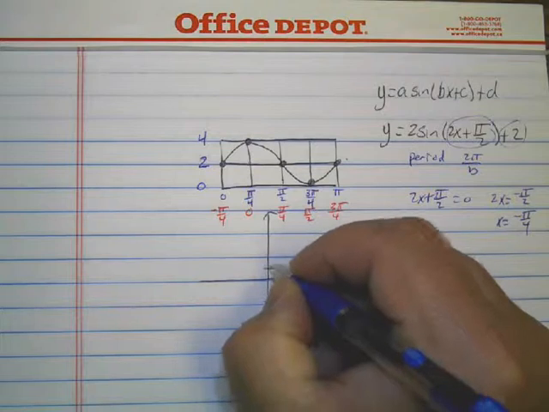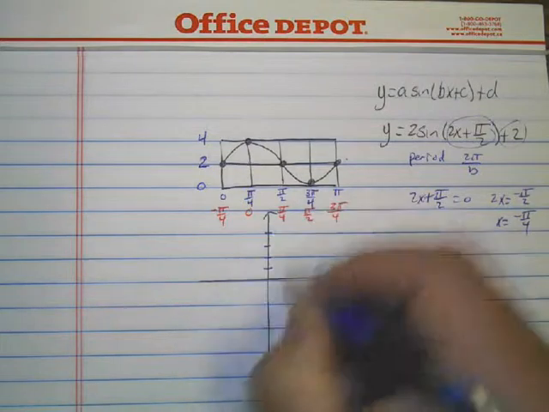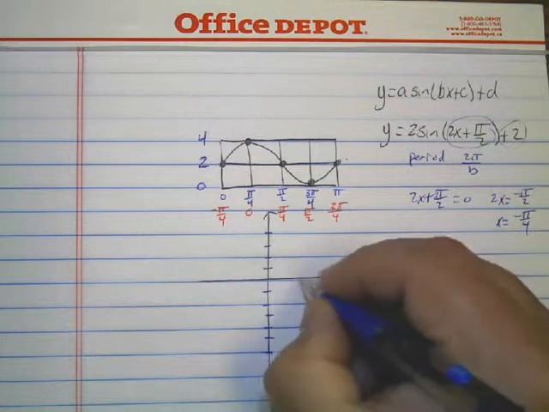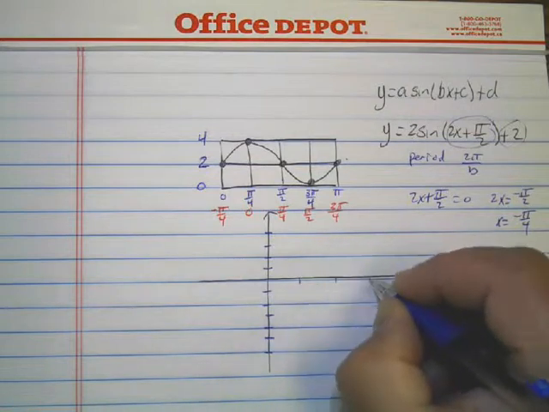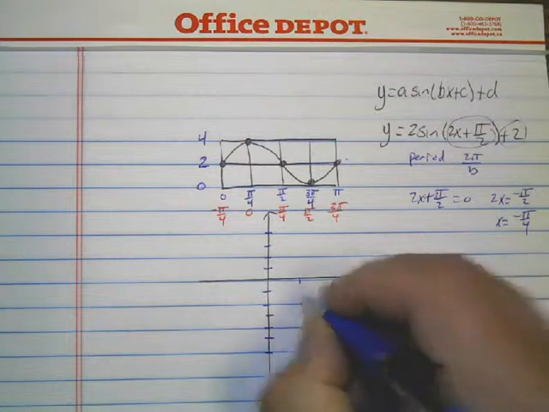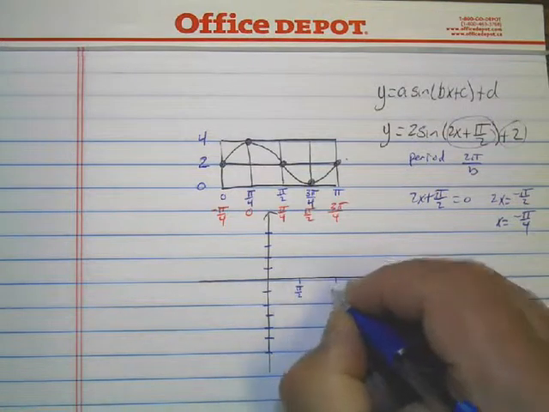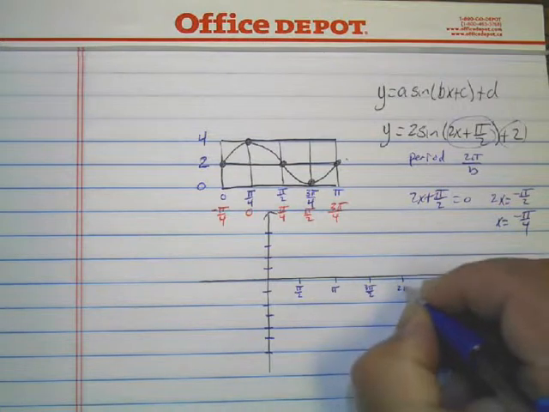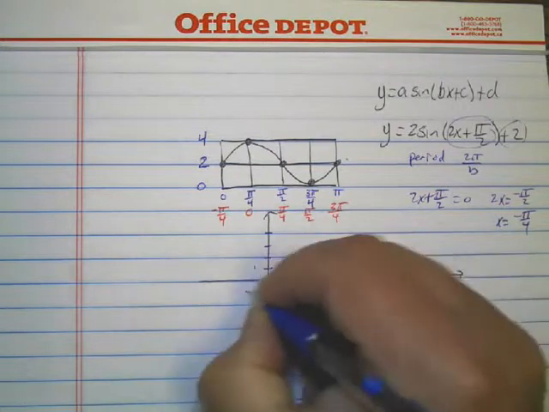So I would set up my graph. And I make the x-axis obviously longer so I can get a better look at what's going on. But that would be pi over 2, pi, 3 pi over 2, 2 pi, obviously 1, negative 1.